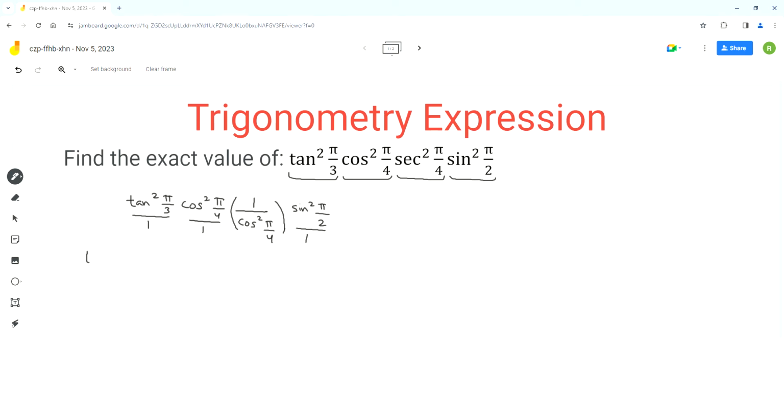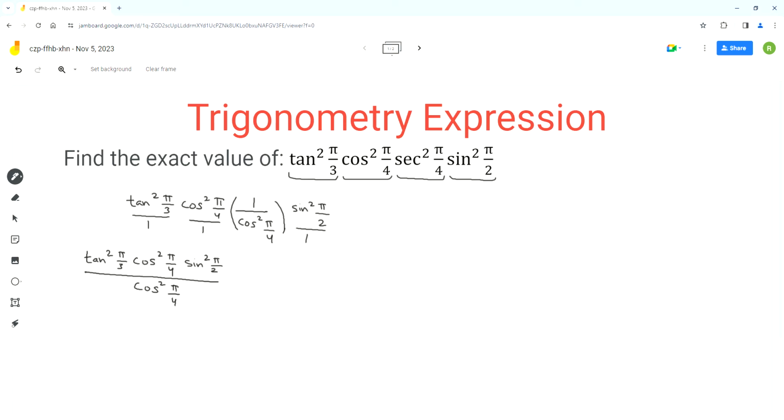So we get tan square pi over 3 times cos square pi over 4 times sine square pi over 2 over cos square pi over 4.